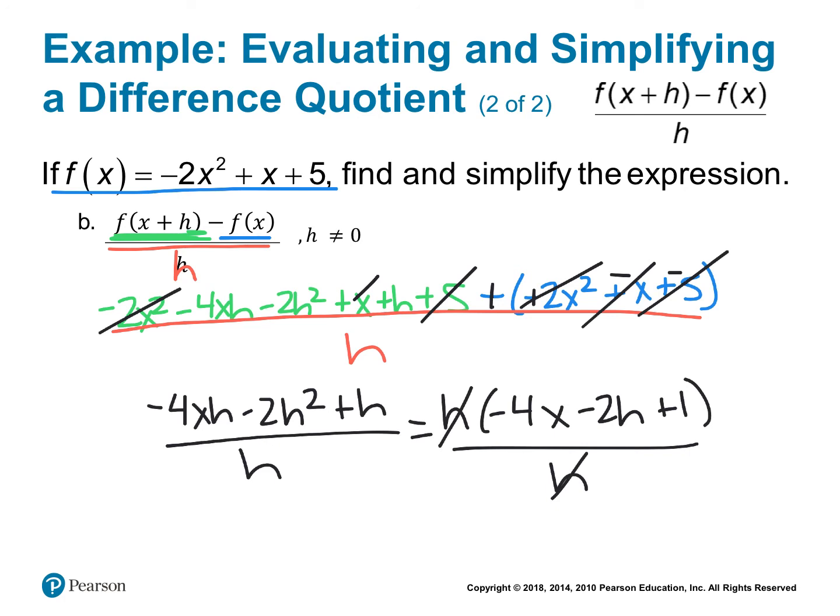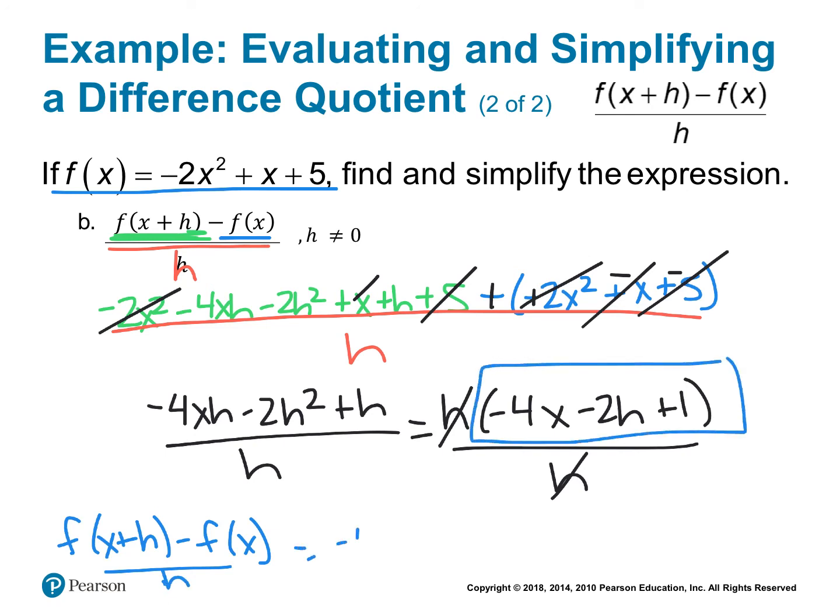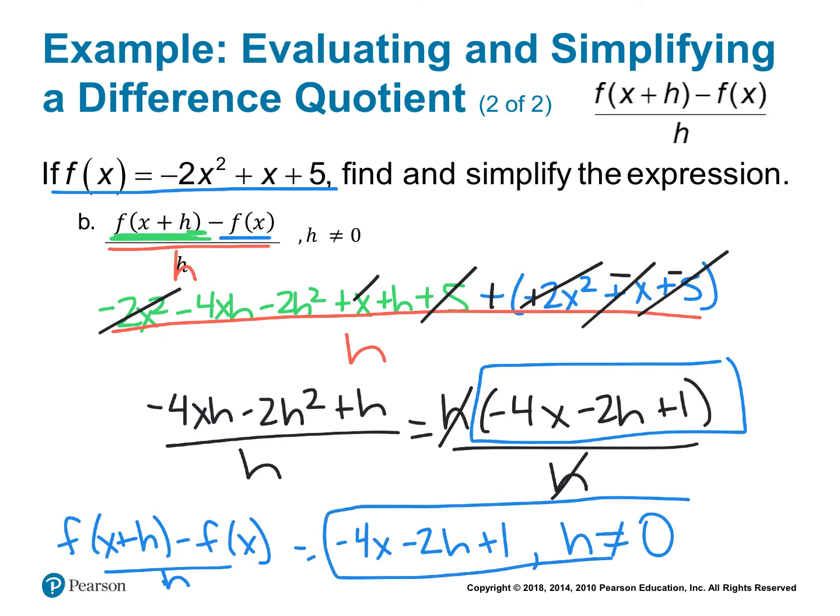So my difference quotient, f of x plus h minus f of x over h, equals, this is all I have left, negative 4x minus 2h plus 1, and the h cannot equal 0. I forgot to say that on the last one, so just make sure you remember that h cannot equal 0 in these. And that is the end of this lesson.